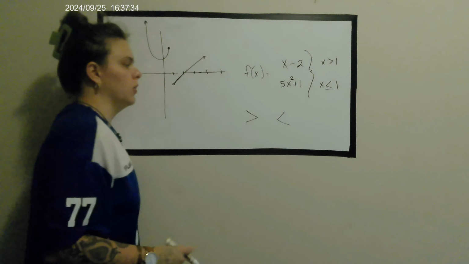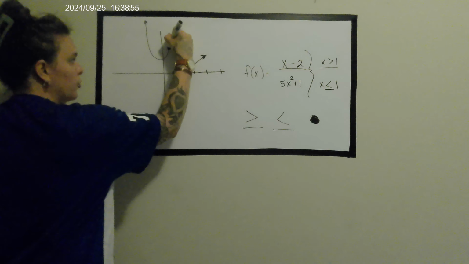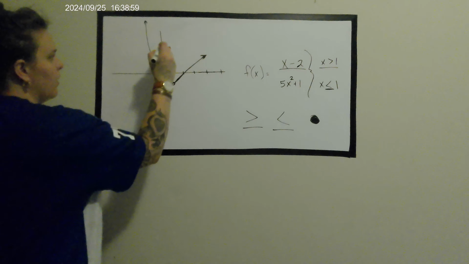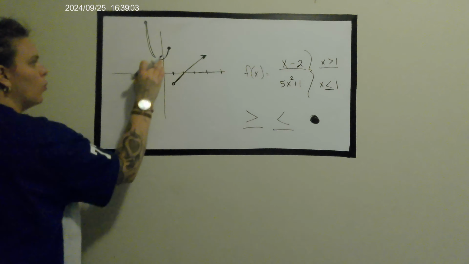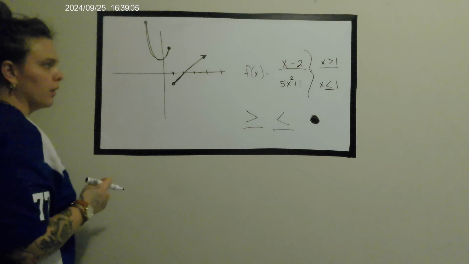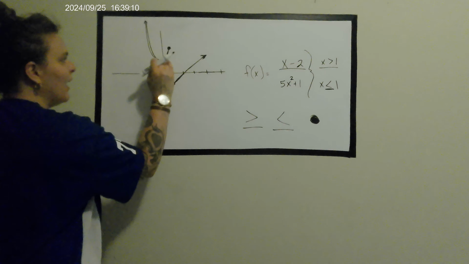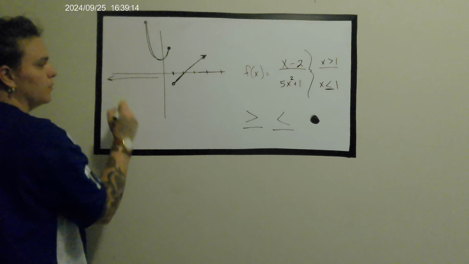But it stops at 1 because it only behaves this way when x is greater than 1. When x is equal to or less than 1, equal to filled in or less than 1, it will be a quadratic, okay? That's why it's only this one part of the quadratic parabola, okay? Because it only behaves in this manner when x is less than 1 or equal.